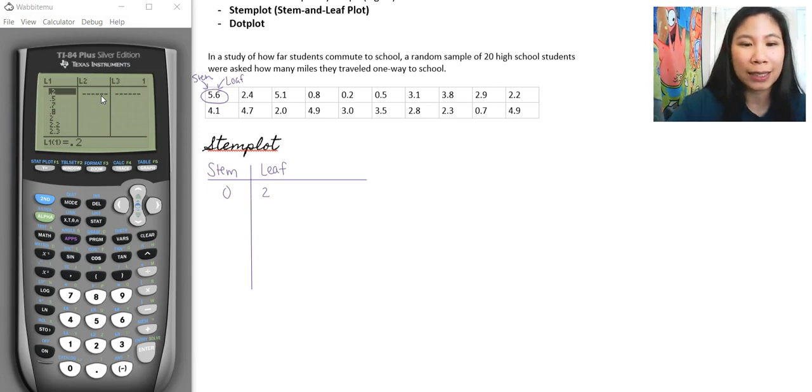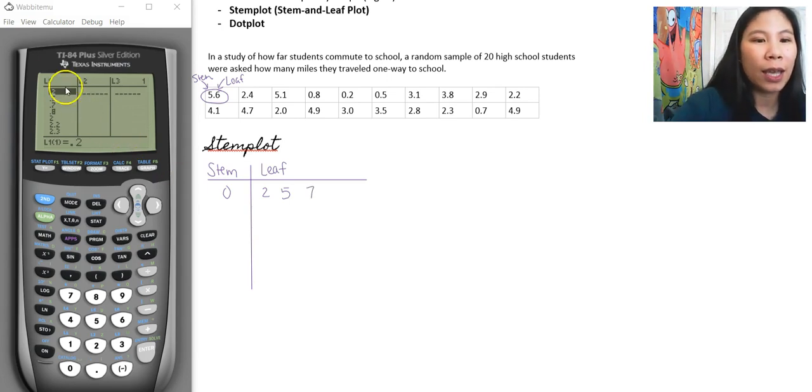So that means it has a stem of 0. Once I've already put the stem here, I don't need to put it again. The leaf, though, this time is going to be 5. And then we have 0.7. So again, I have a stem of 0, a leaf of 7. And then the fourth number in the data set was 0.8. So stem of 0, leaf of 8.